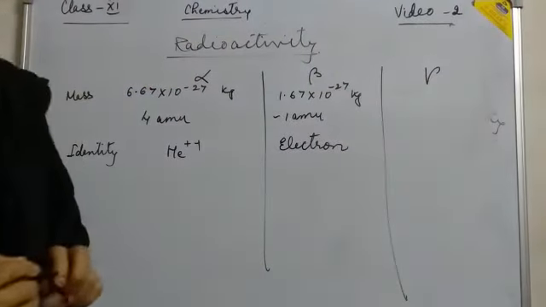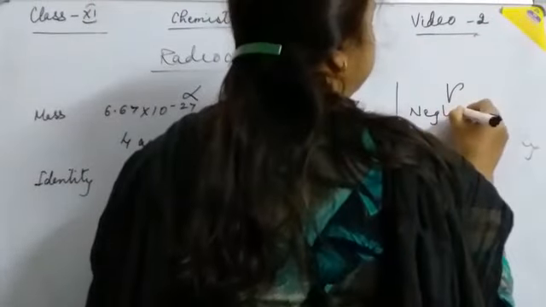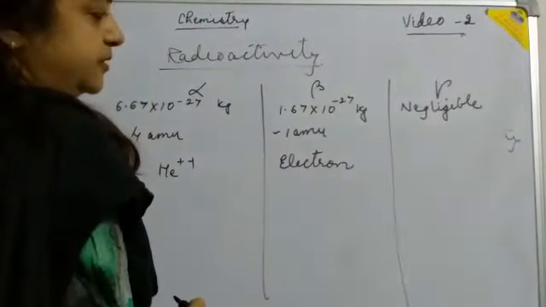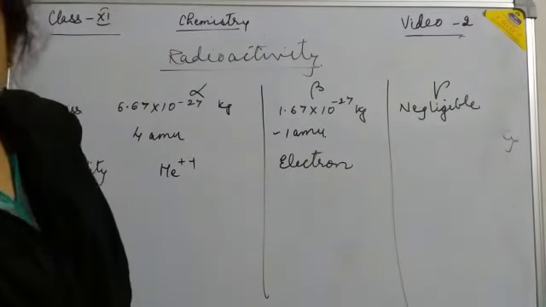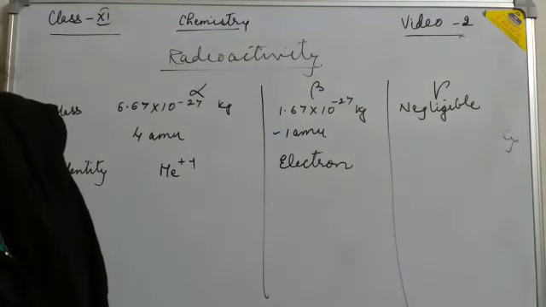And the mass of the gamma is negligible. This ray is a negligible ray.